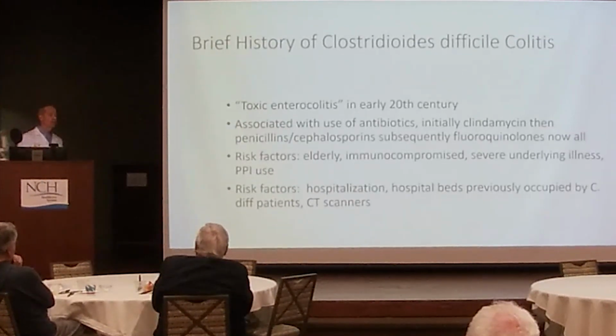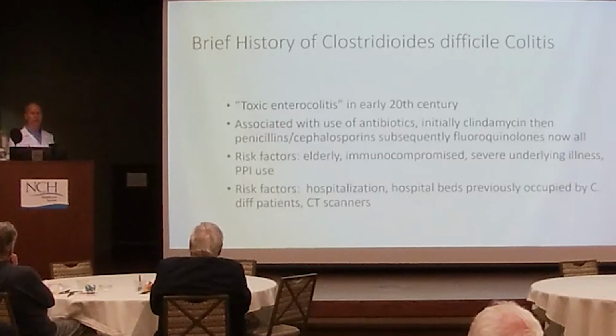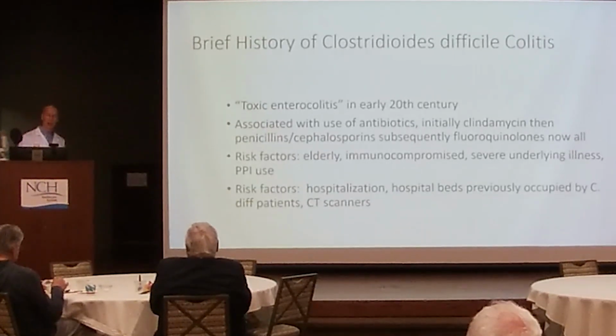Other interesting risk factors for C. diff are being hospitalized, being in a hospital bed that previously had a person with C. diff, and then interestingly, CT scanners. CT scanners are implicated because you can't go through an emergency room right now without getting a CT scan first. So everybody gets a CT scan, and occasionally you have accidents in the CT scanner.